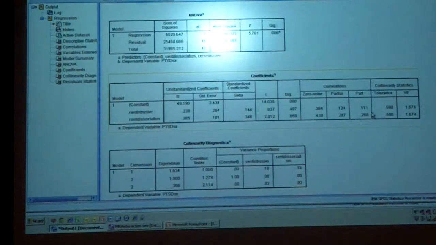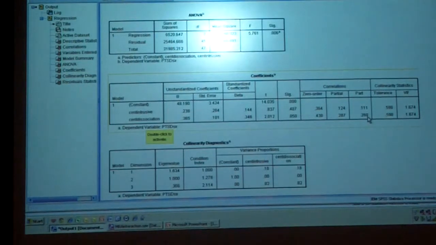The partial squared, the numbers you've got in your little output, are the unique contribution of that variable. Unique means the percentage of variance in PTSD symptoms accounted for uniquely by intrusive thoughts holding constant dissociation. I think it's 1% in that example. And this one, I don't have it in front of me, must be 7% or something.